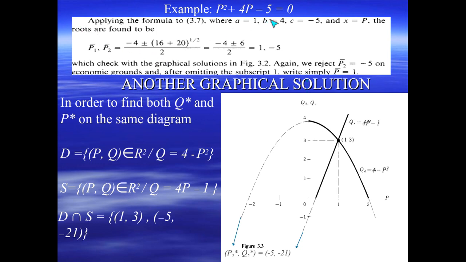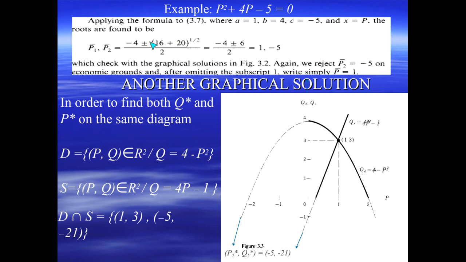So what is it? Minus b, minus 4, plus or minus the square root of b squared, which is 4 squared, which is 16, minus 4ac, minus 4 times 1 times minus 5. Minus 4 times 1 is minus 4, times minus 5 gives 20. So here we have the square root of 16 plus 20, and then the whole thing is divided by 2 times a, which is 2 times 1, 2.